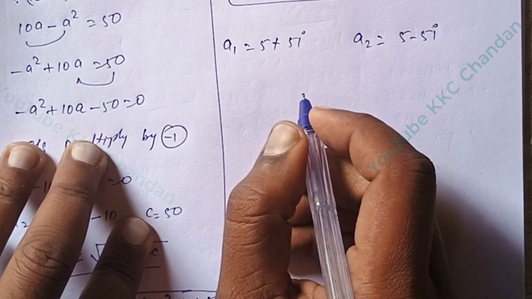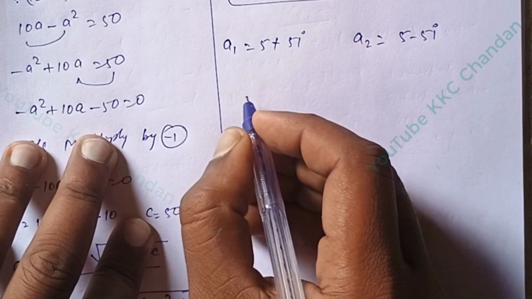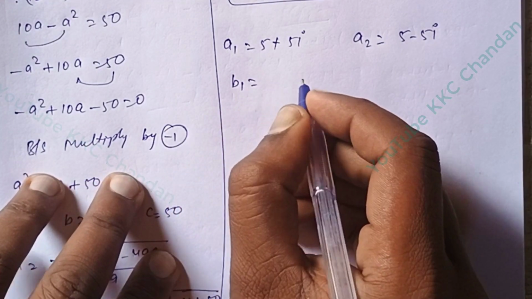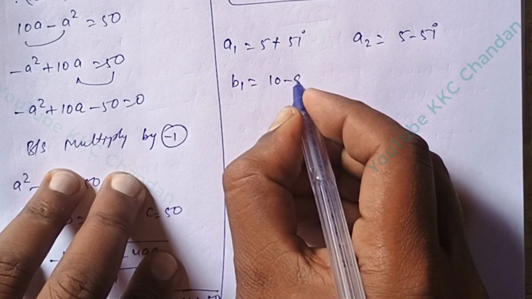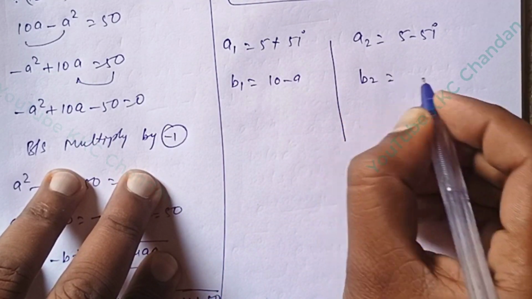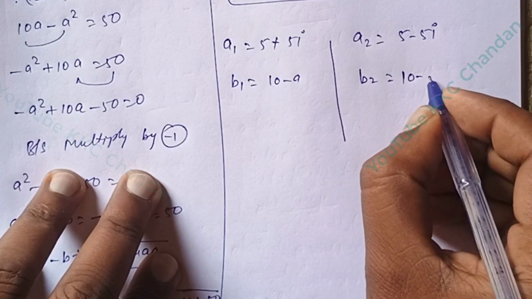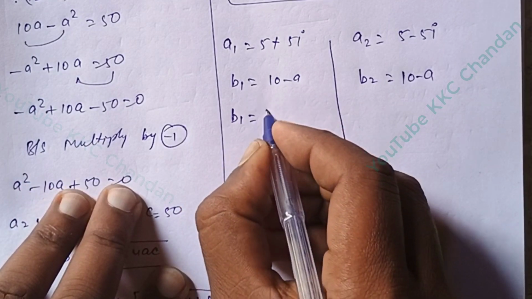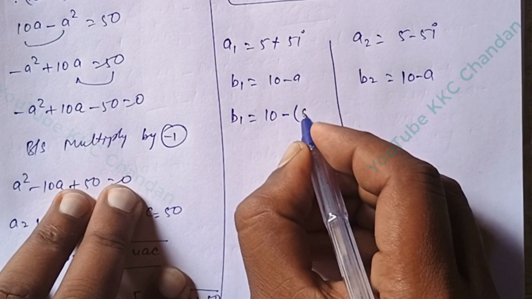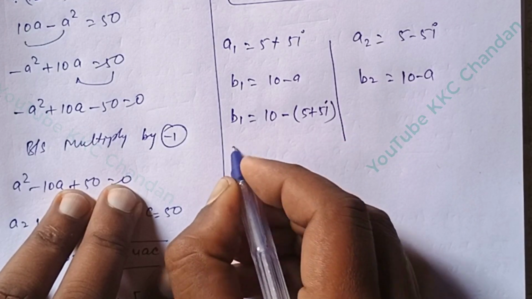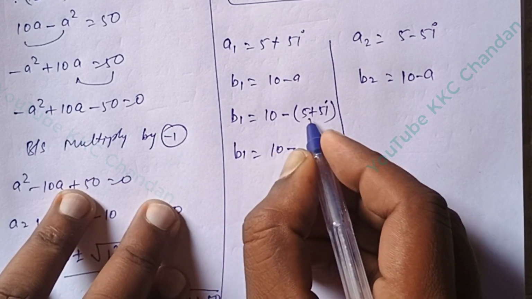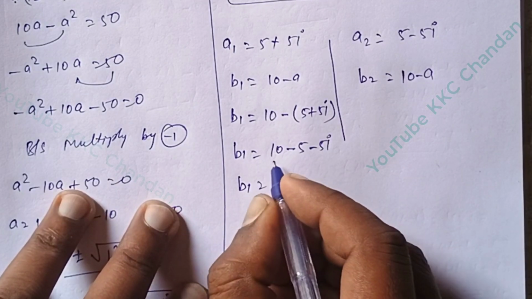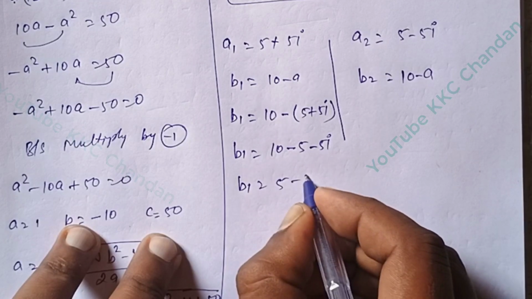After finding the a values, we find the b values. Therefore b1 is equal to 10 minus a, and b2 is equal to 10 minus a. b1 is equal to 10 minus the a value 5 plus 5i. b1 is equal to 10 minus 5 minus 5i, which is 5 minus 5i.